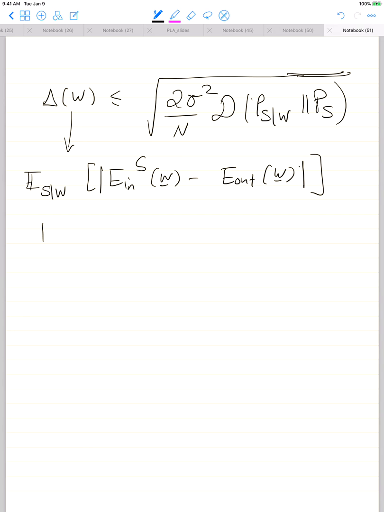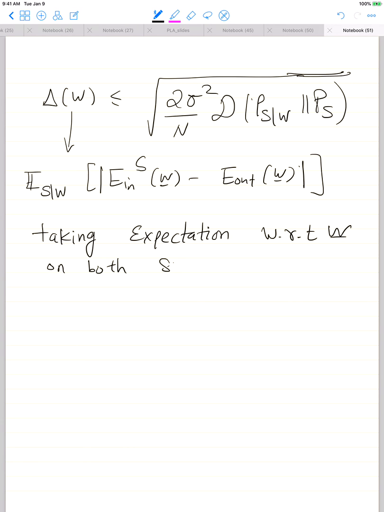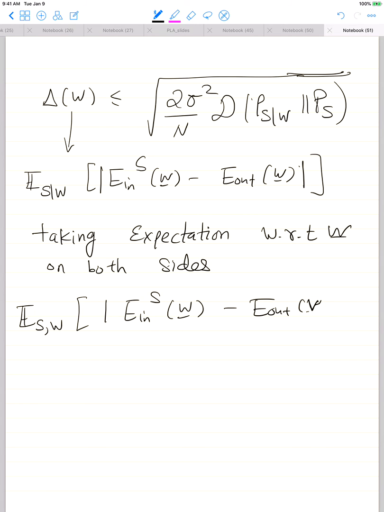So now taking, what we get is that the expected value over S and W of E in of S of W minus E out of W. This is the generalization error that we wanted to compute. This is the gamma of P of S given W and Ps.